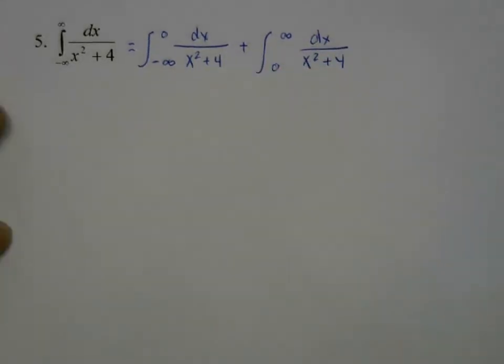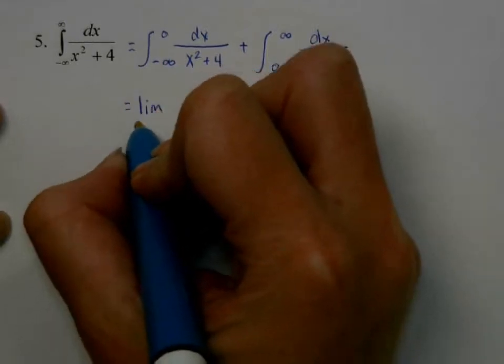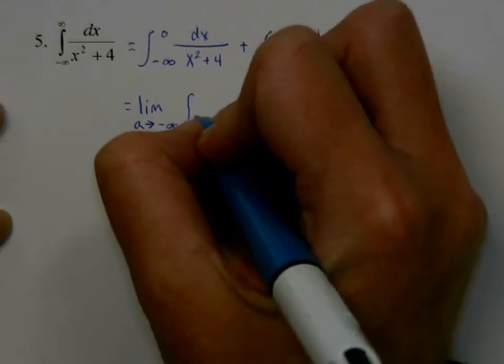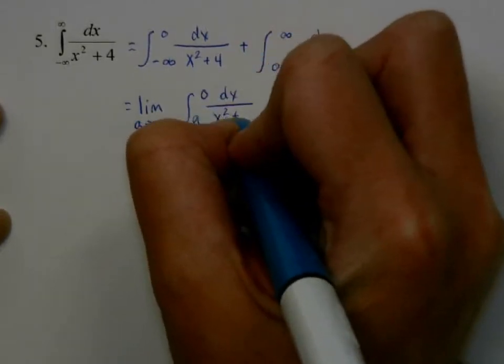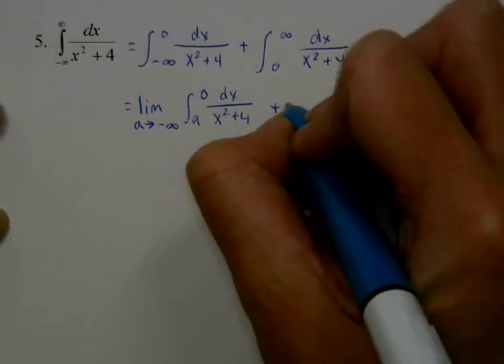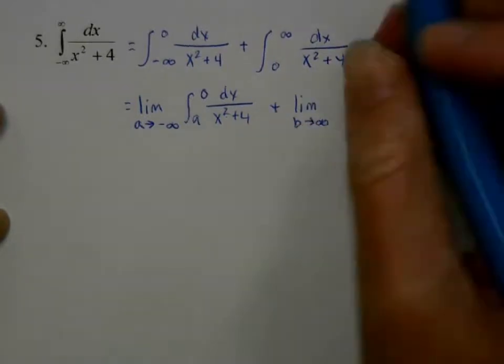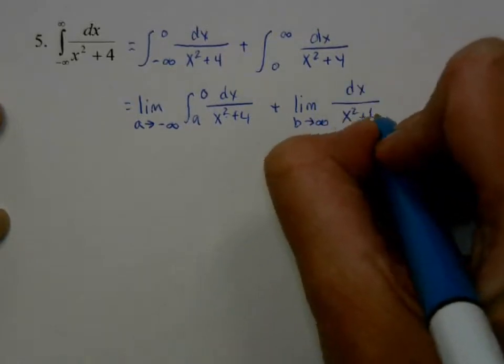Then we'll apply our limits. So this will be the limit as a goes to negative infinity of the integral from a to 0 of dx over x squared plus 4, plus the limit as b goes to positive infinity of the integral of dx over x squared plus 4.